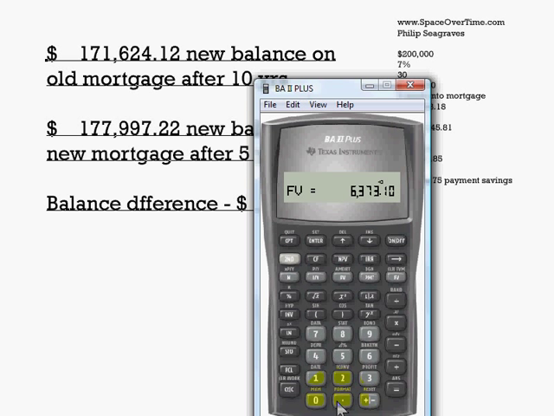We're going to make our payment 0, and our interest per year is 7, and we have 60 as our N, and now we're just going to compute present value.